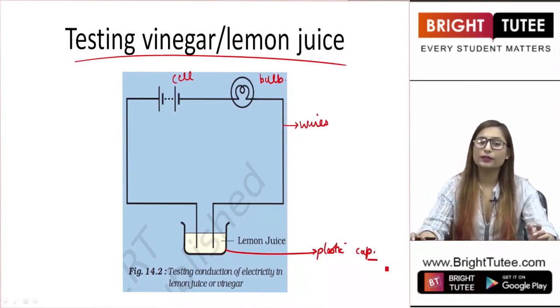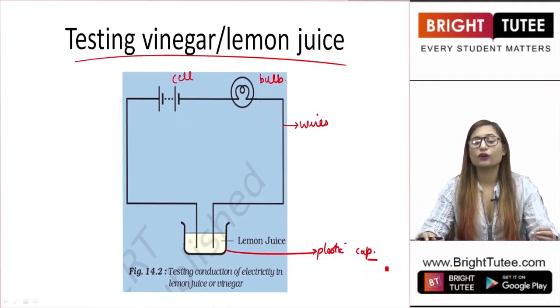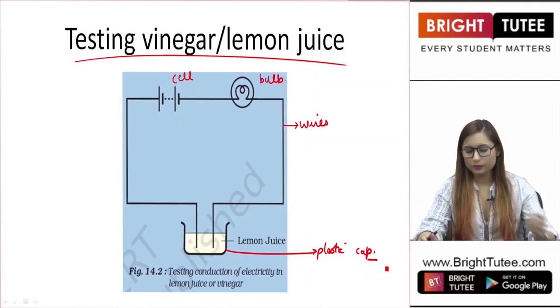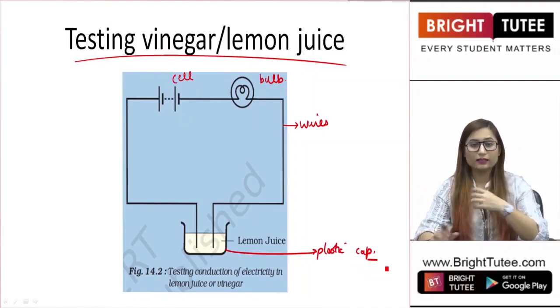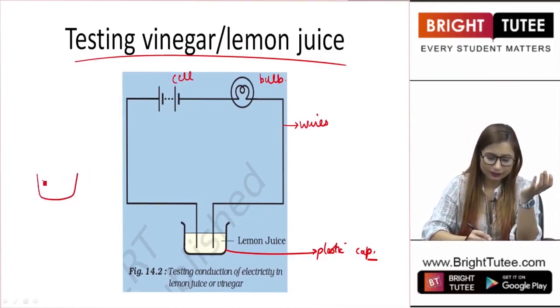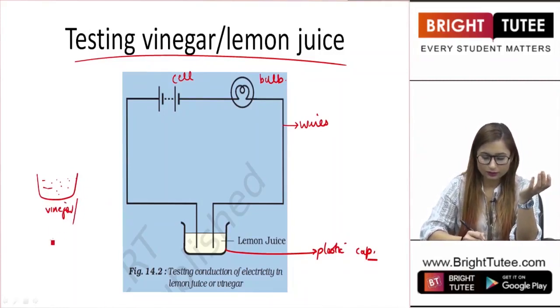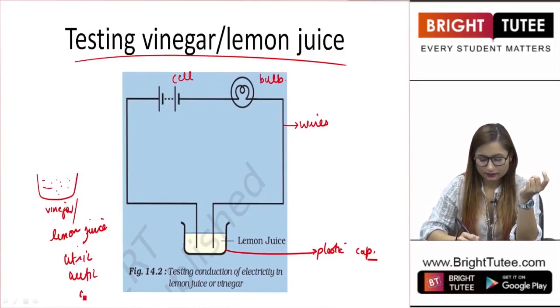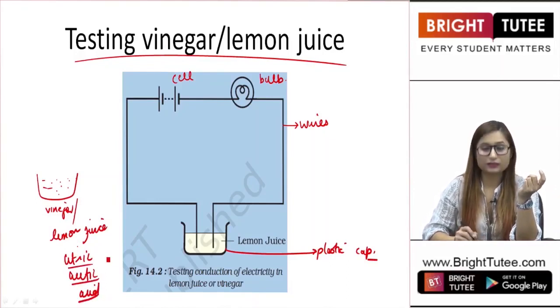To test the lemon juice or vinegar, we complete a circuit. We take a plastic cap and fill it with vinegar or lemon juice. Basically both of them have citric and acetic acid. So these are the acids present inside these.